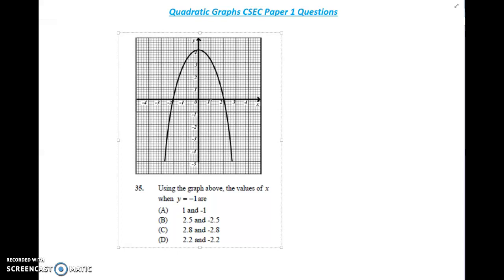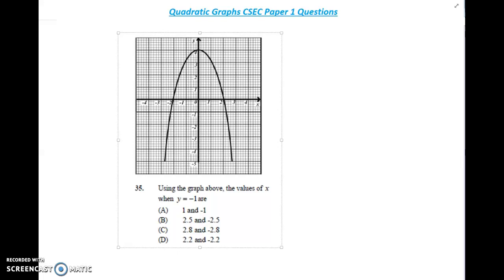And I keep on going. 1.2, 1.4, and so on, and reach 2, right? And it's the same way on the negative side as well. This is 0, the first little block, the line there, that'll be negative 0.2, negative 0.4, and so on, right? So this is where my line y equals negative 1 cuts on this side here, right? So we need to read off this value here.